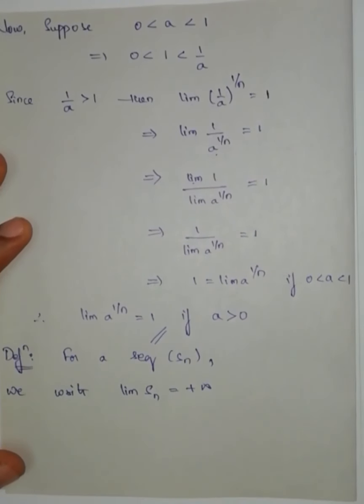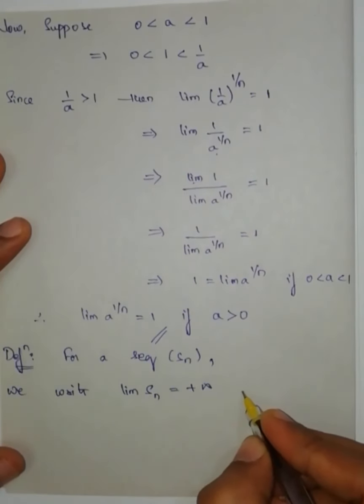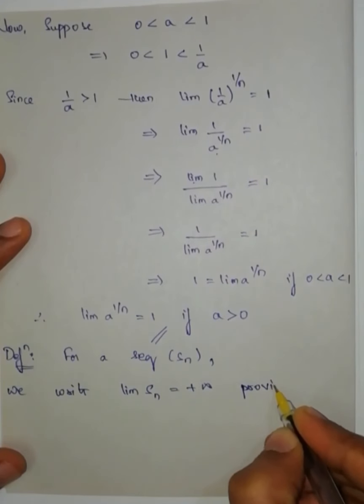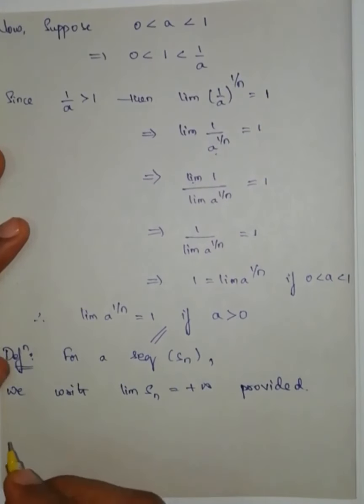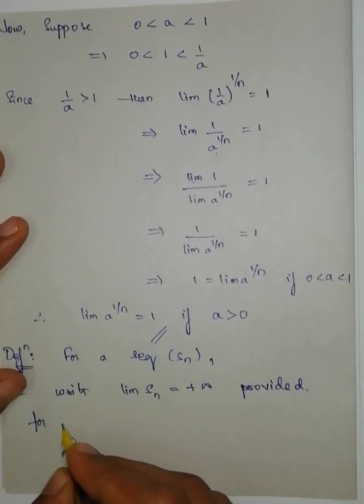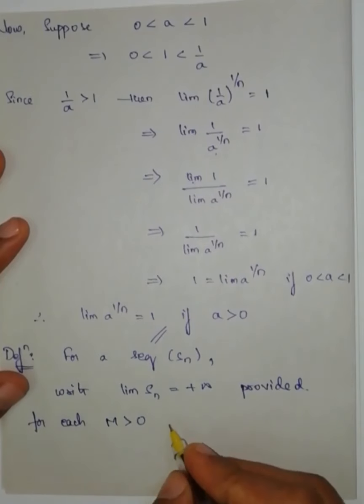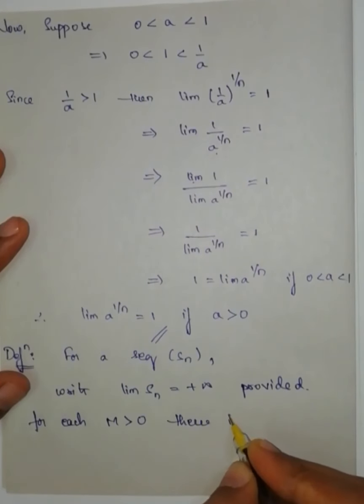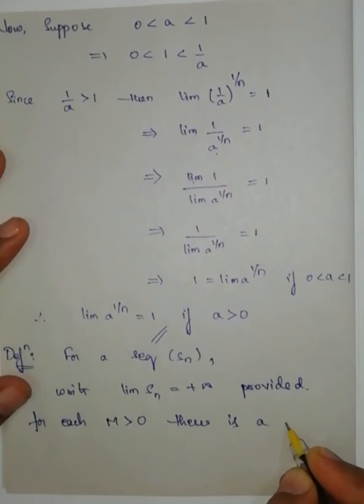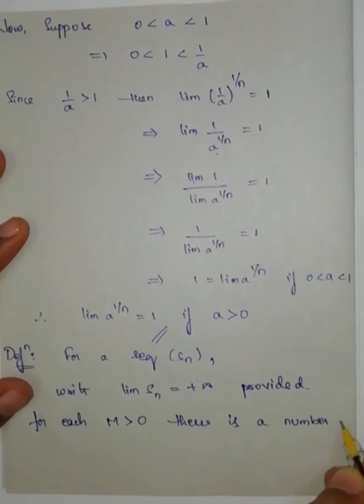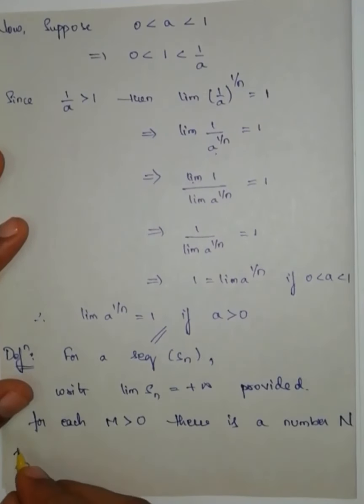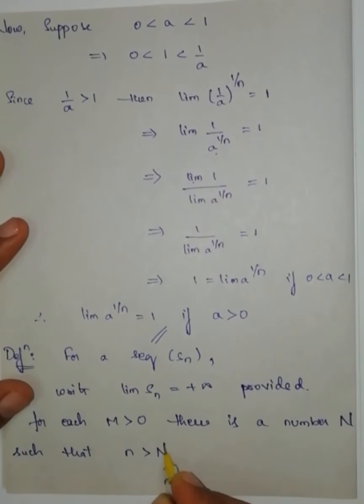We write limit Sn is equal to plus infinity provided that for each capital M greater than 0, there is a number capital N such that small n greater than capital N implies Sn is greater than capital M.